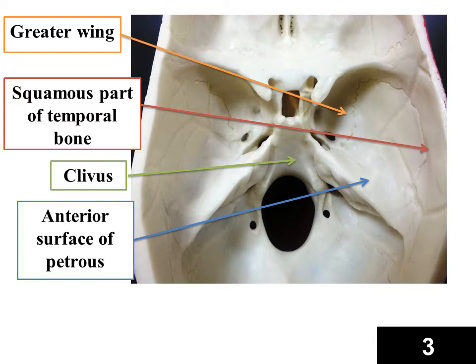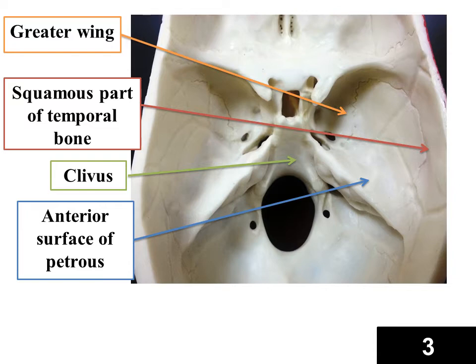You can see the lateral part of the middle cranial fossa formed anteriorly by the greater wing of the sphenoid. Also you can see the squamous part of temporal bone, and also the anterior surface of the petrous part of temporal bone indicated by the blue color.